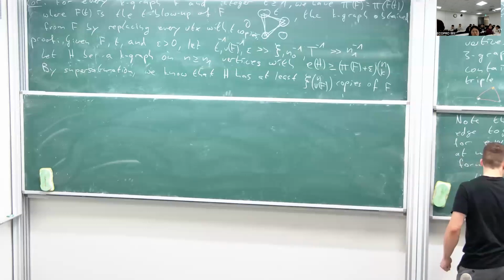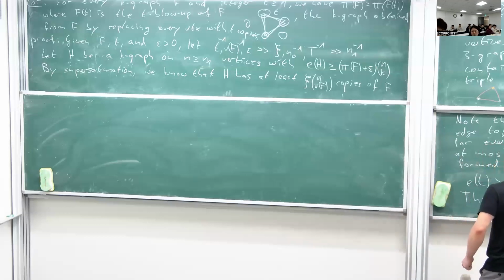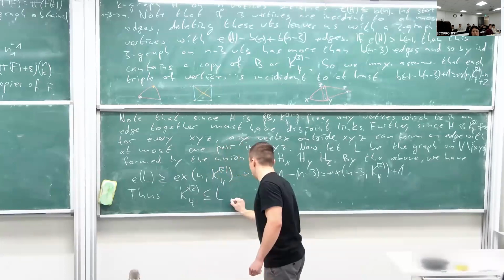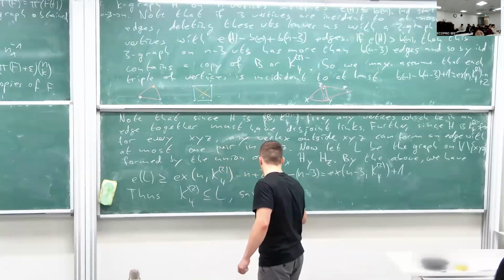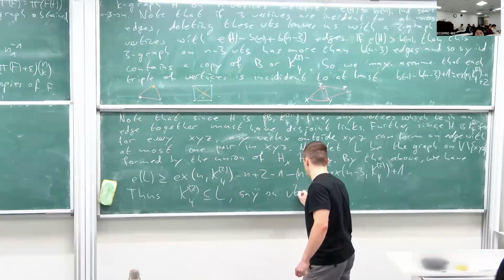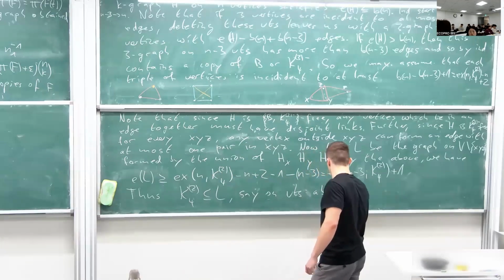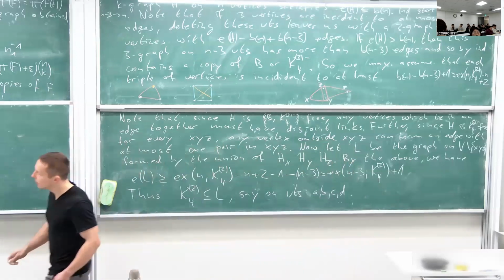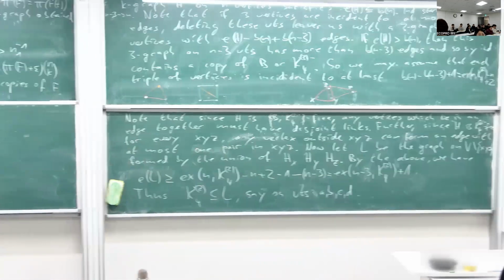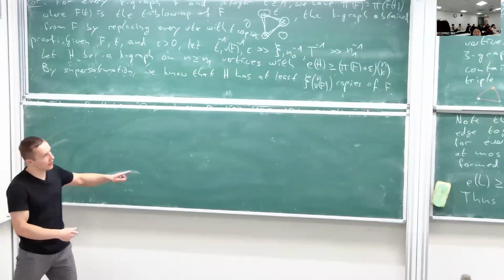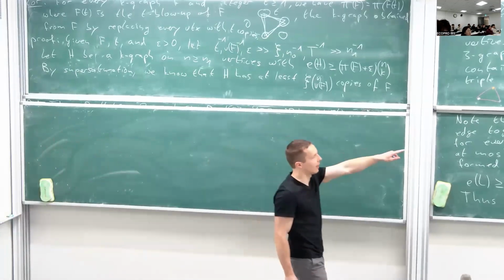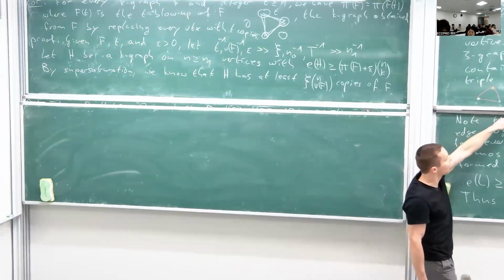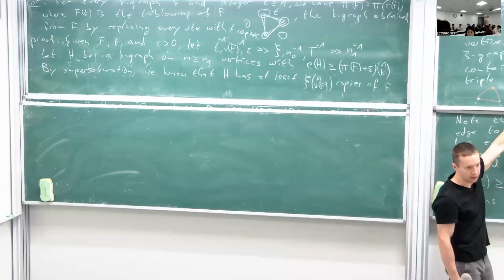Thus, K4 is in L, say on vertices A, B, C, D. And so we've almost arrived at what I described here as the plan. The only thing that we need to argue is that we see this sort of matching.